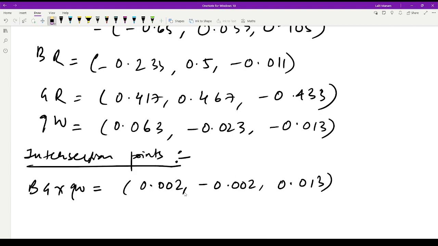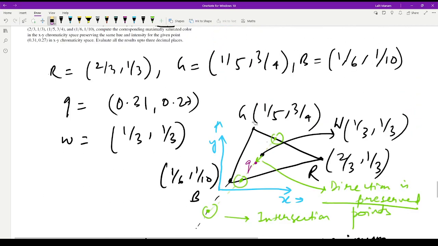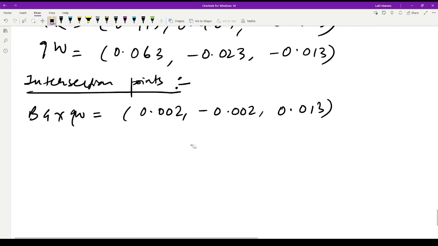So what can you say about this point? Are you done just by taking the cross product? Would you lie in this 2D space with these three numbers?